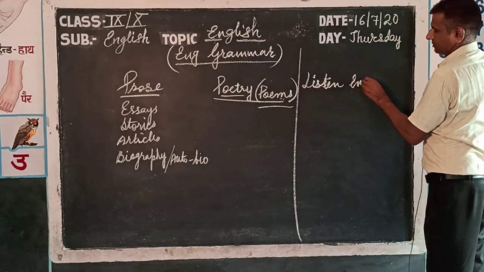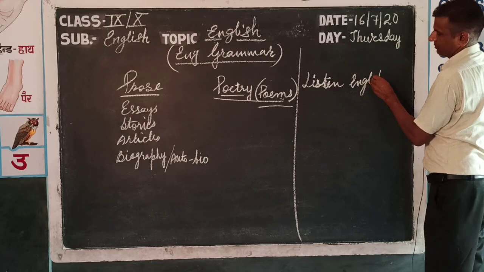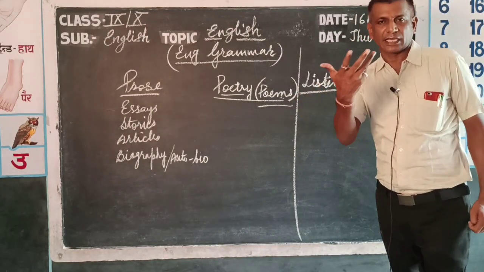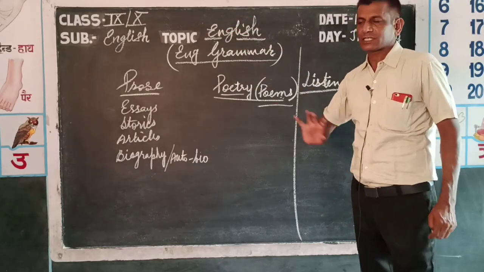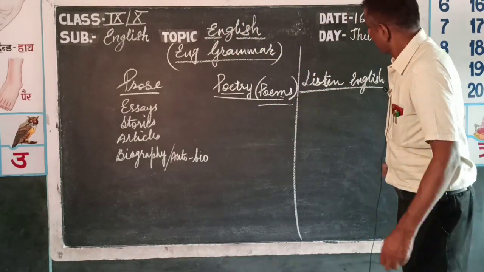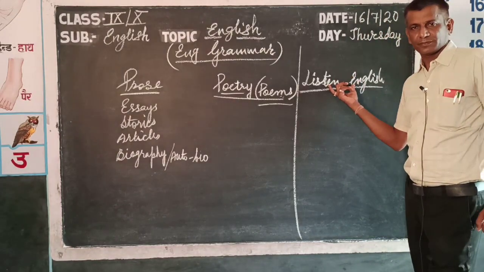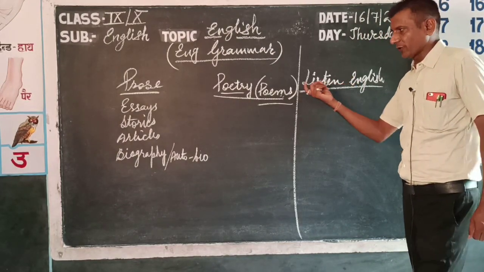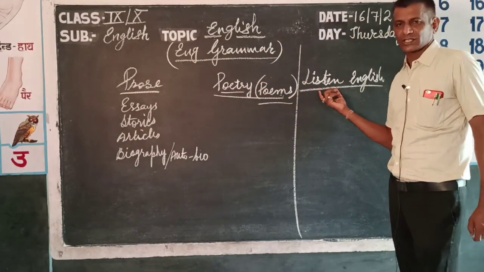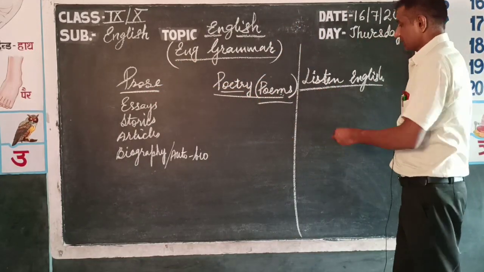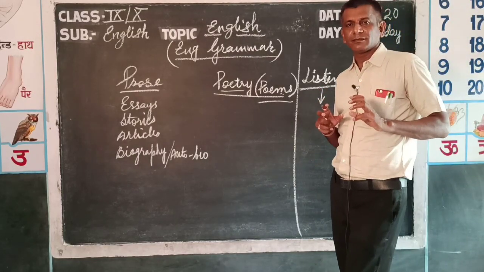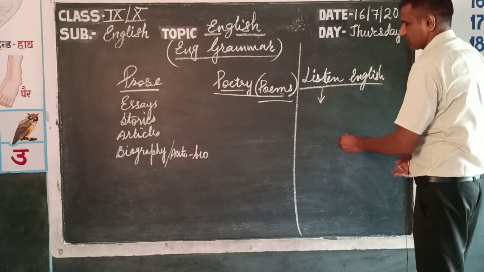Listen English. This is the first skill of any language. When you study English as a subject, you must listen to English. If you want to enjoy poetry or prose, you must listen to it. And the second thing, when you listen, you can speak it well.